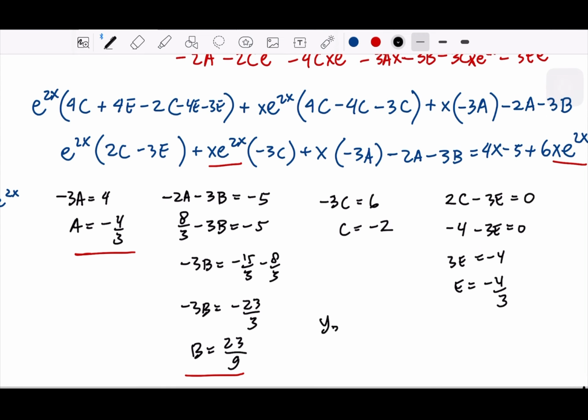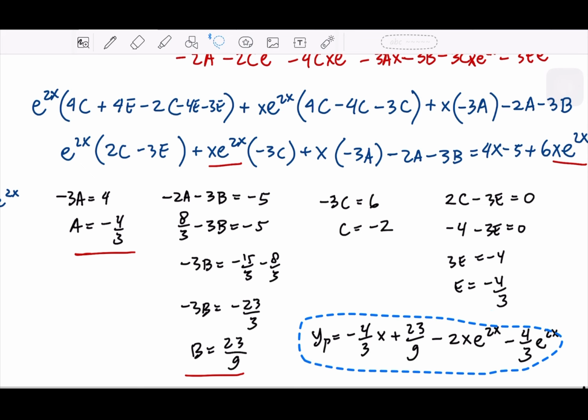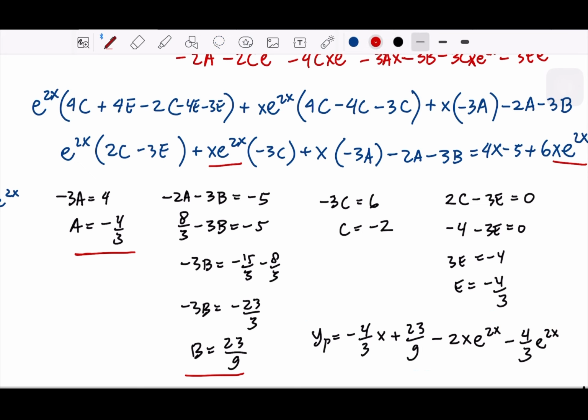So yp is negative 4 over 3 x plus 23 over 9, and then minus 2x e to 2x, and then minus 4 over 3 e power of 2x. So this is yp.